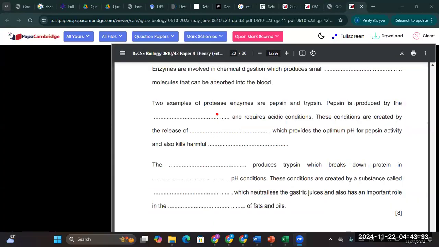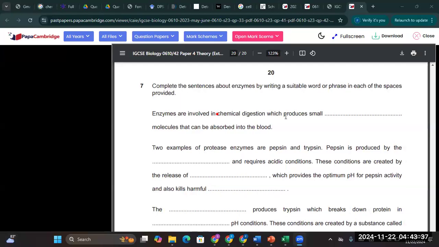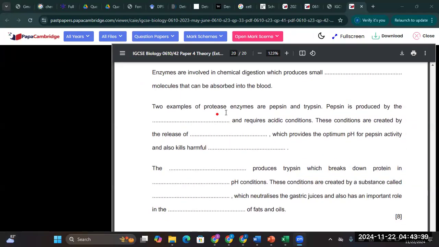Okay, take a look at this, Hajra. This is a question where you have to fill in the blanks. Enzymes are involved in chemical digestion, which produce small dash molecules that can be absorbed into the blood. Two examples of protease enzymes are pepsin and trypsin. Pepsin is produced by dash and requires acidic conditions.